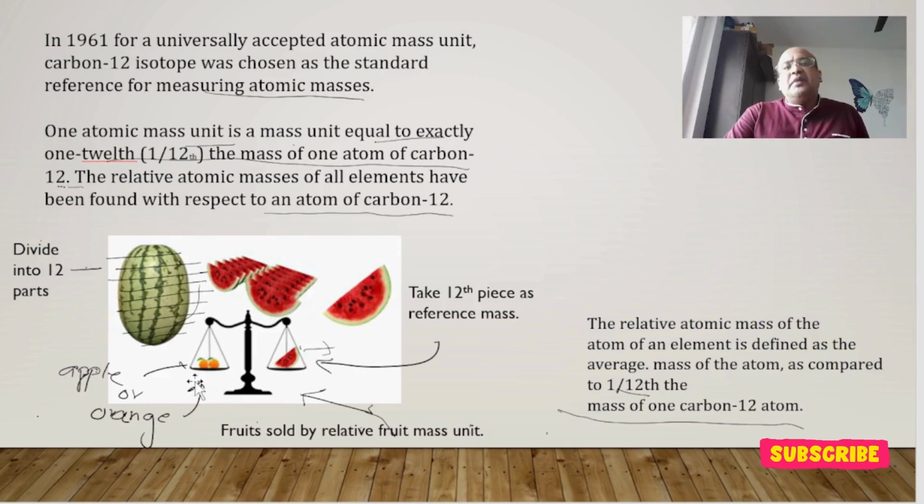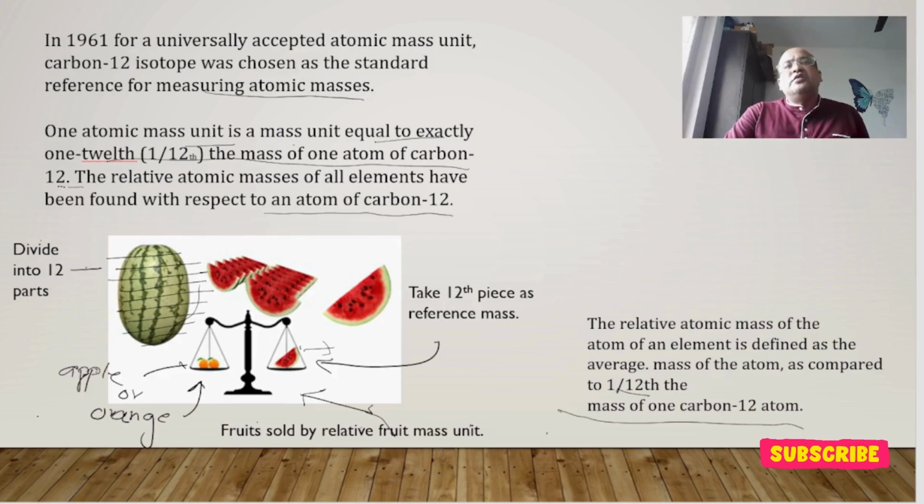So fruits are sold by a relative fruit mass unit, and the apples will be sold with the relative fruit mass unit of 1/12 the mass of the watermelon.